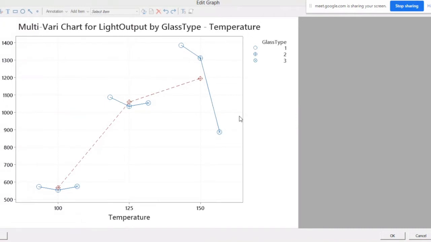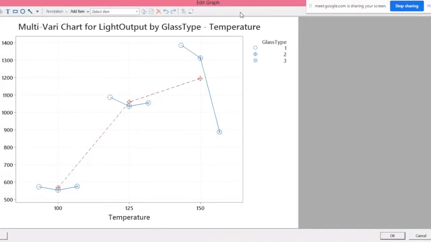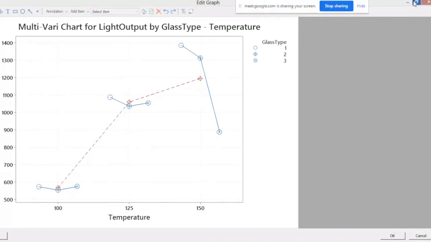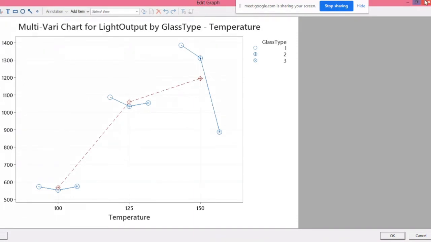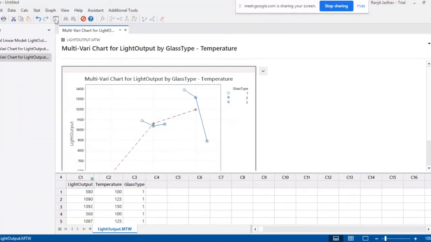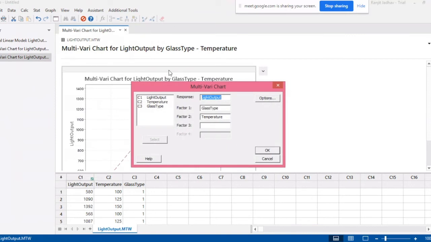Has everyone got this graph? Please show once again the multivariate graph. Response is light output. First factor is glass type, second is temperature.